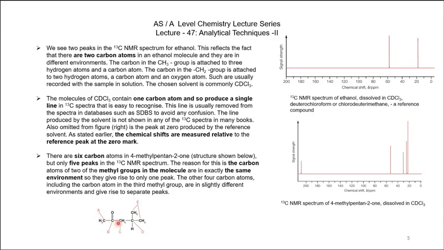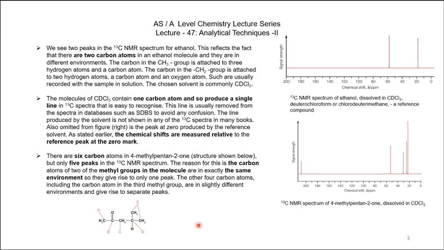This is the molecular formula of 4-methylpentan-2-one. Then we find we have 1, 2, 3, 4, 5, 6 carbon atoms. Is it not? So we should get 6 peaks for this. Now we say that it is only 5 peaks.